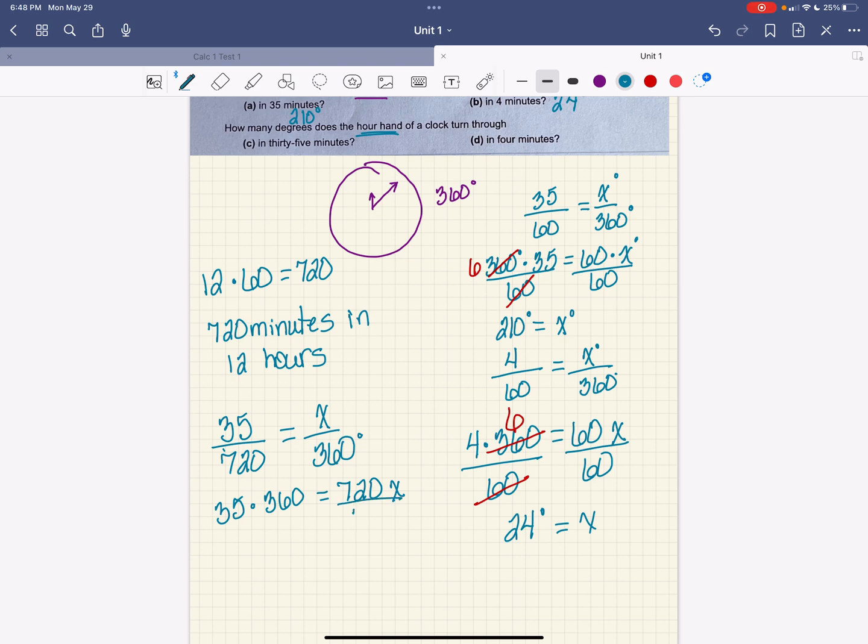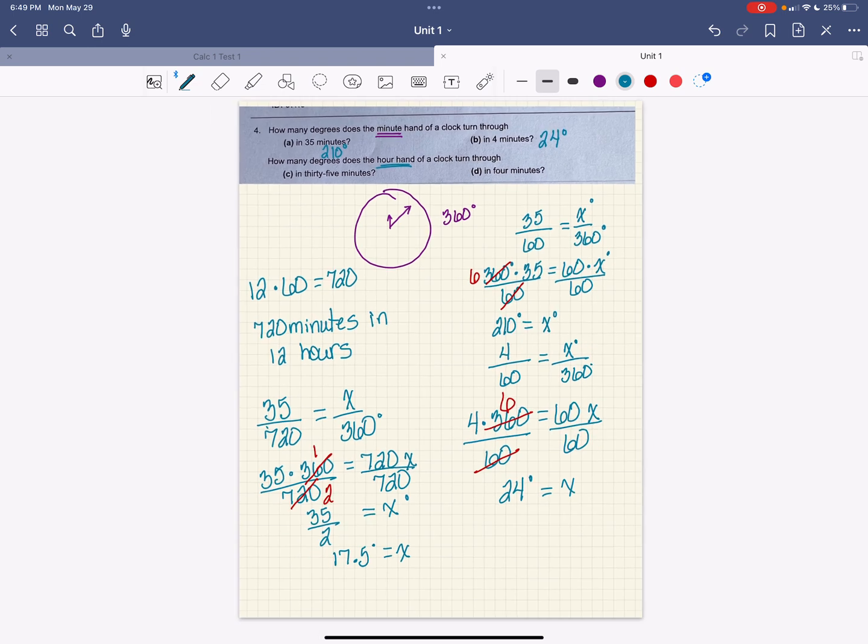I'm going to go ahead and divide both sides by 720. Okay, so here I am able to cross cancel here. 360 goes into 720 two times. Okay, so I have 35 over 2 equals x degrees. 35 divided by 2 is going to be 17.5 degrees. And that is our x value.